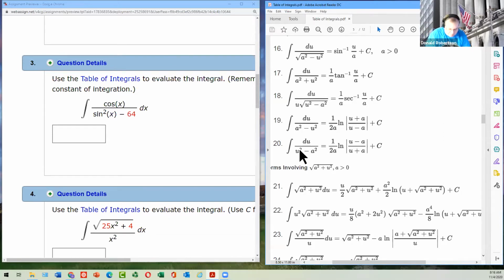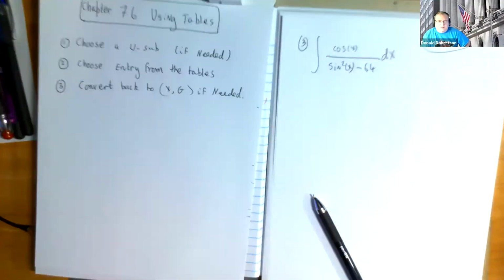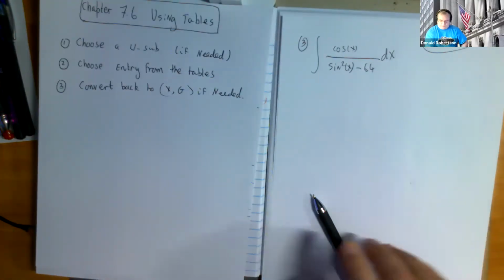I'm going to write down the gist of what I just said, because you're not all verbal learners. Here it goes. So imagine that you're trying to do question 3.